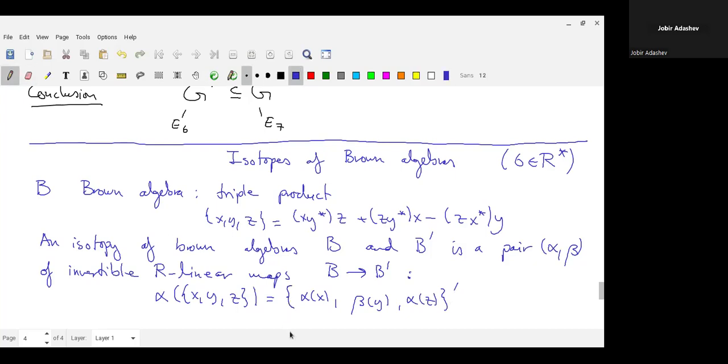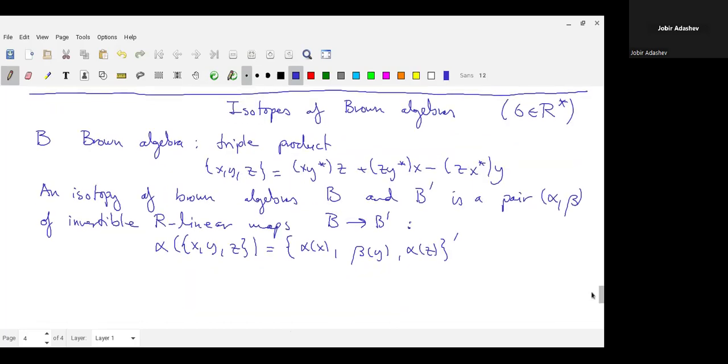So it's some generalization of isomorphism.